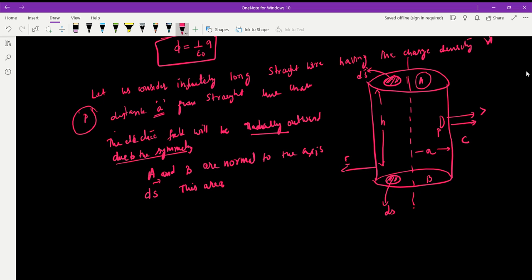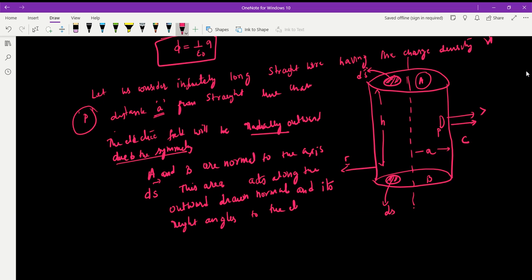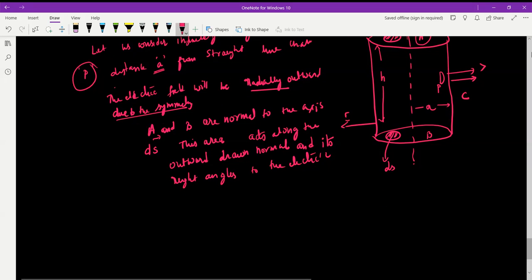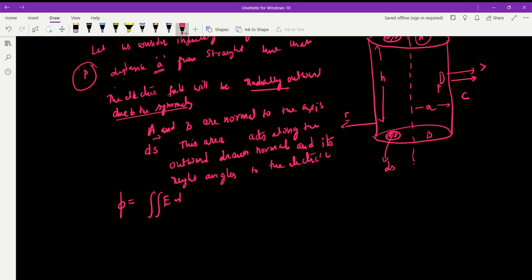This area vector acts along the outward drawn normal, and it is at right angles to the electric field. So here we know that the electric flux is given by the integral of E dot ds.